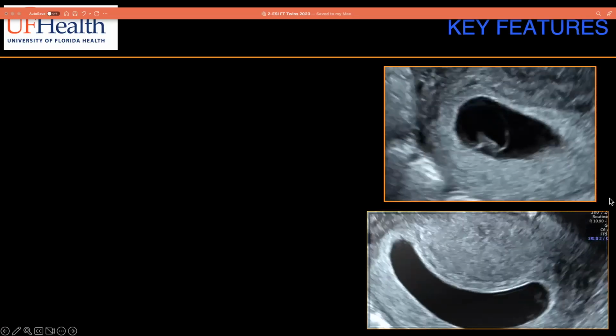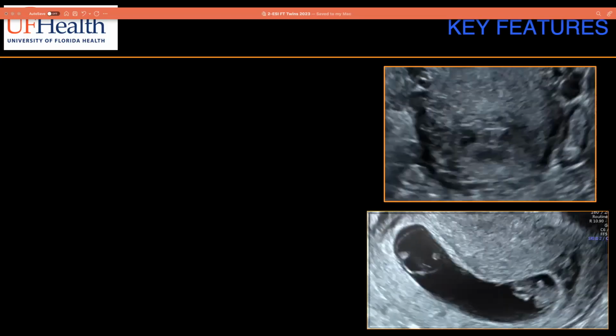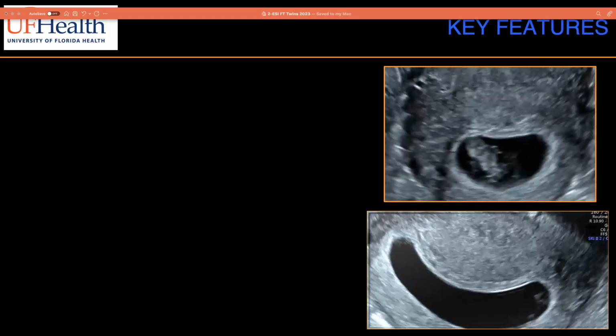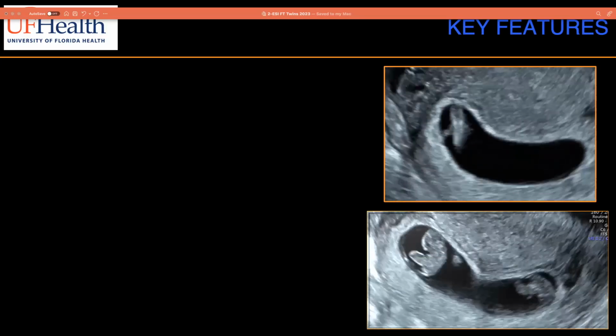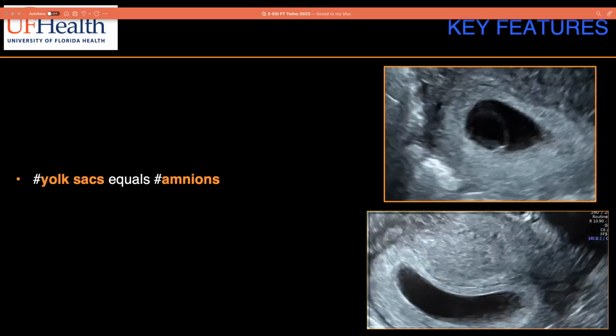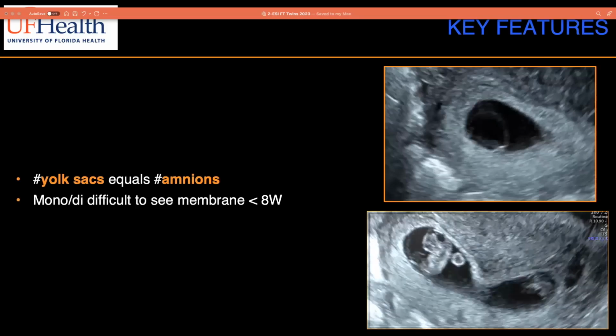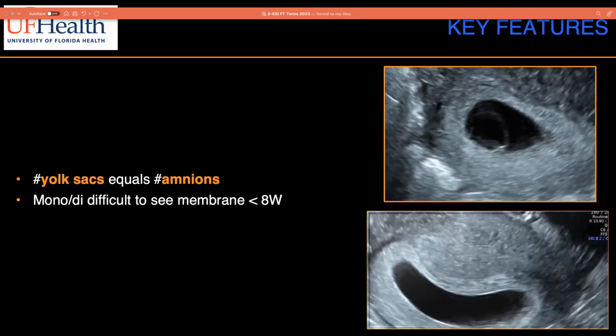And so when you don't see clear demarcation between the two, and less than 8 weeks, you can have a very thin intertwin membrane. You use the number of yolk sacs for the number of amnions. So rely on the yolk sacs as the number of amnions. And in mono-di twins, the membrane can be easily missed less than 8 weeks.